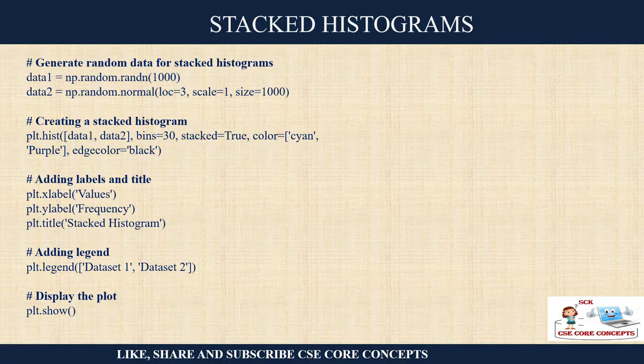The first set of data is random numbers, and I am using a normal distribution. Now I am plotting the histogram with data 1, data 2, and I am keeping stacked true. I am giving two colors because both will be merged, right? So I have to differentiate, and the edge color is black, and the rest are all the same.